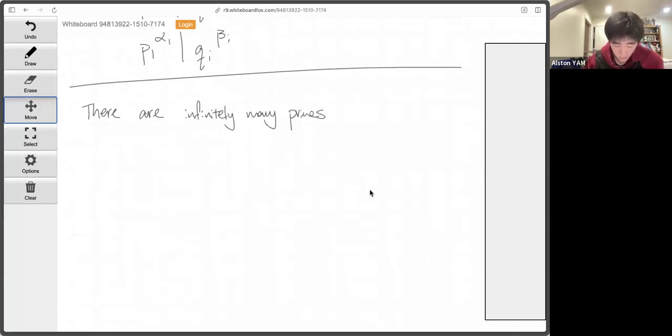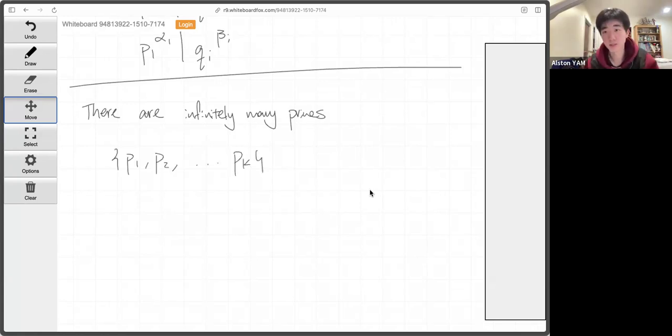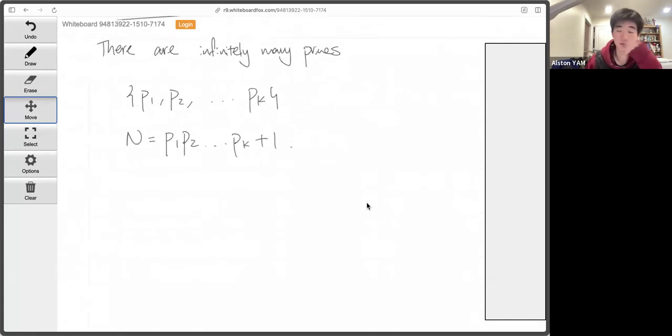So the overall big idea of the proof is that we can suppose there's a set p1, p2, dot, dot, dot, pk of primes, and that is all of our primes here. And we consider the number n equal to p1, p2, dot, dot, dot, pk multiplied together plus 1. That is our standard way of proving that there are infinitely many primes.